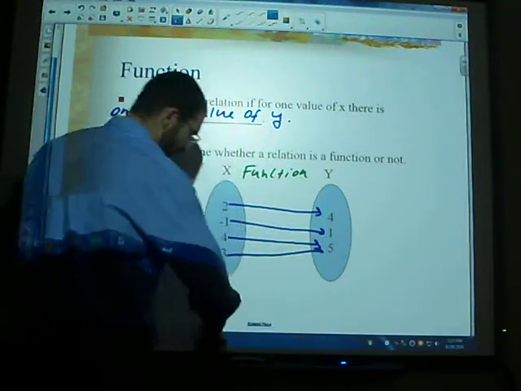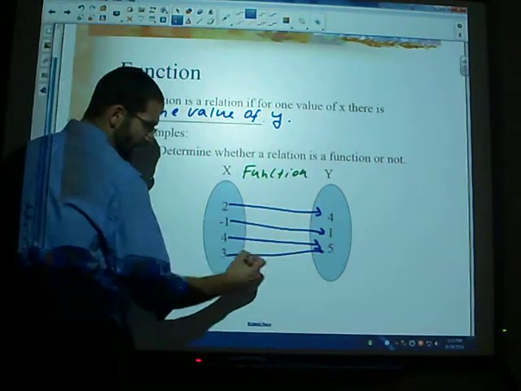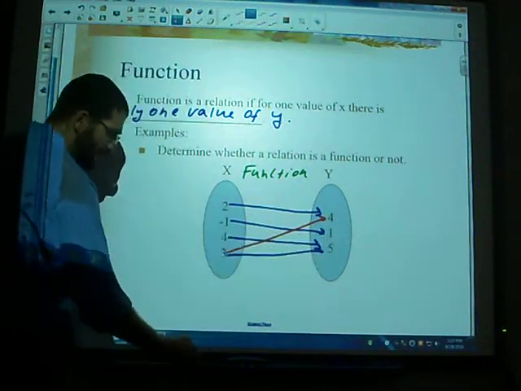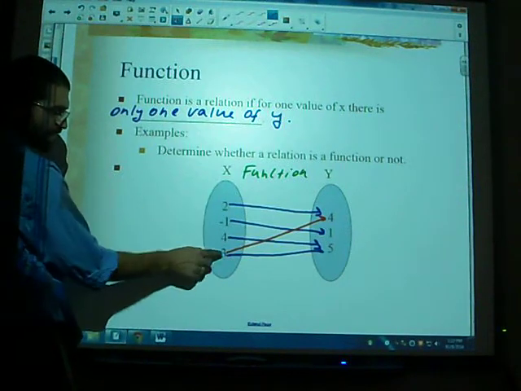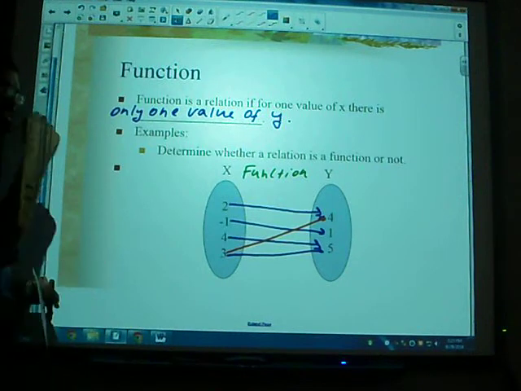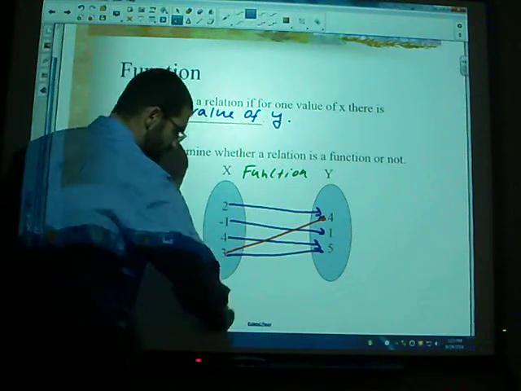However, if I connect, let's say my 3 is connected to 5, and I connect this 3 also to one more number, like 4, now my x value 3 is connected to two different numbers. And if it's connected to two or more different numbers, that is not a function.